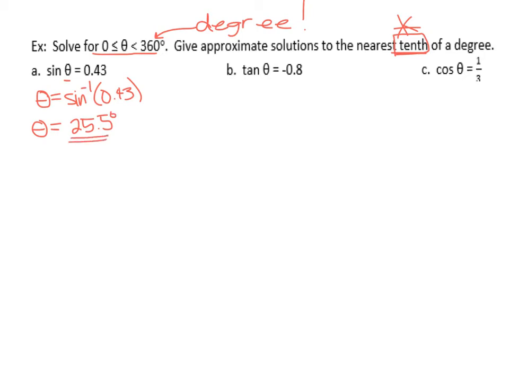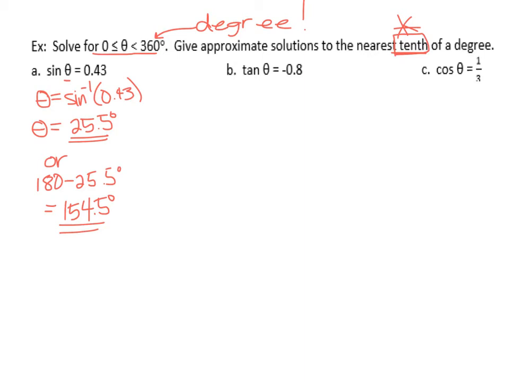That's in quadrant 1. That's one answer that would be valid for sine equaling about 0.43. To get your second answer, remember we subtract that one from 180. And you'll be responsible for writing both solutions when necessary. If we take 180 minus 25.5, we get 154.5 degrees. That would be our second answer.